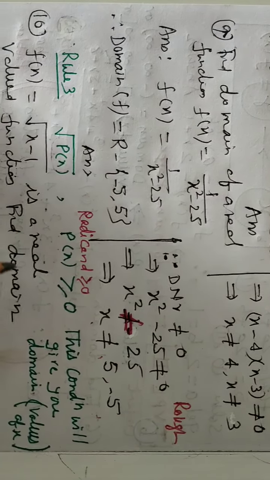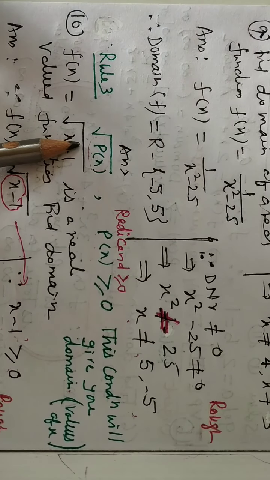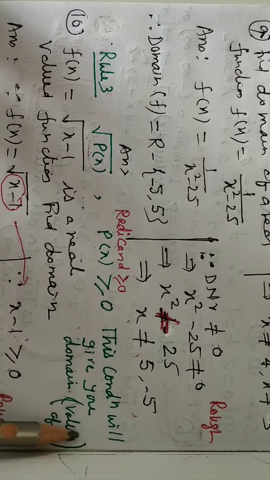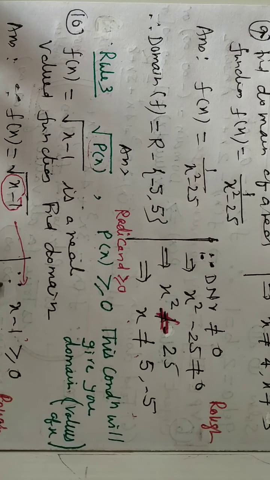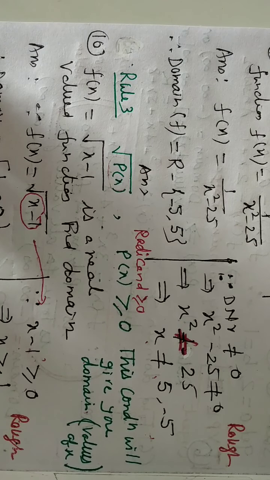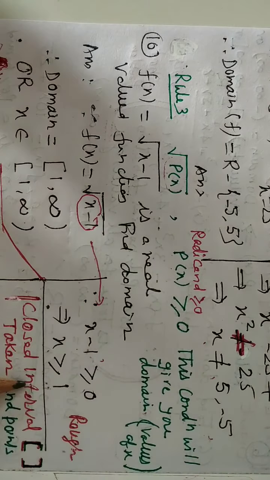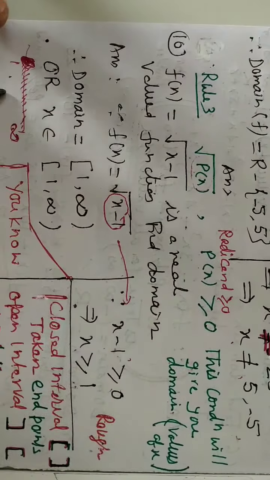Third rule. Whatever is inside the root must be greater than or equal to 0. This condition will give you the domain, the value of x. Now this is the question. f(x) is equal to this, and since whatever is inside this is greater than or equal to 0, so x is greater than or equal to 1, and that means 1 to infinity.